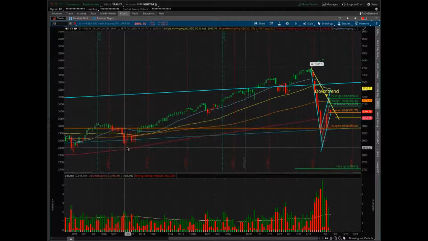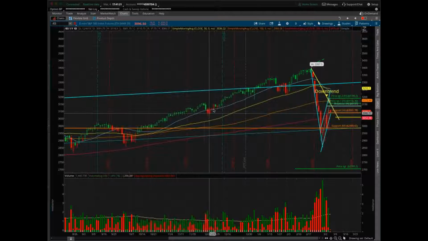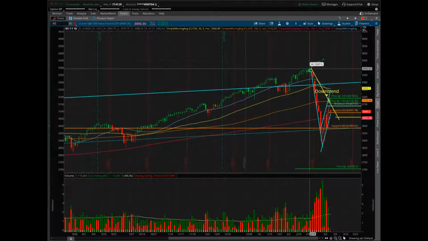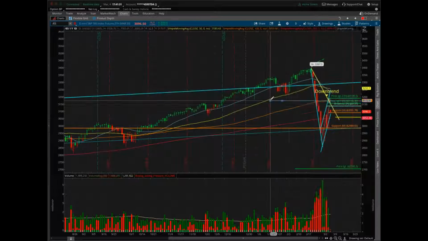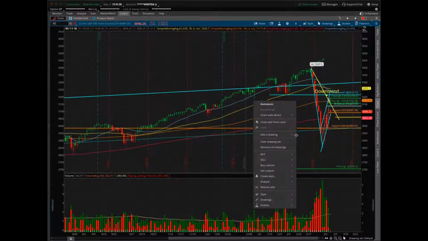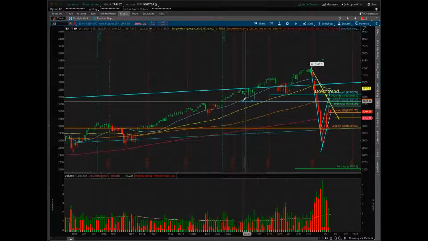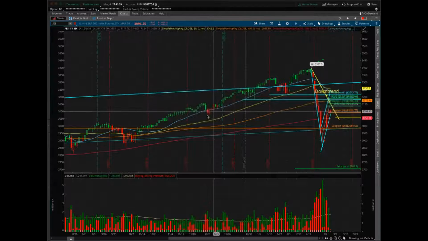Okay, so let's look at this uptrend. Higher highs, higher lows, higher lows, higher highs, higher lows, higher high. Here, we broke this low. Broke that low.